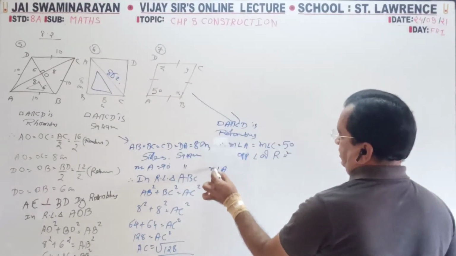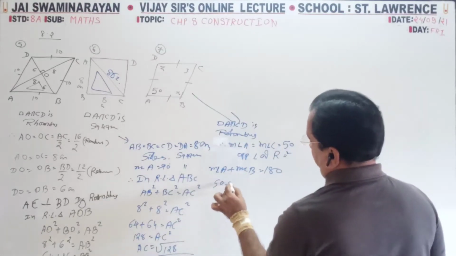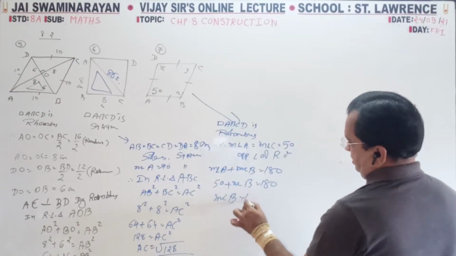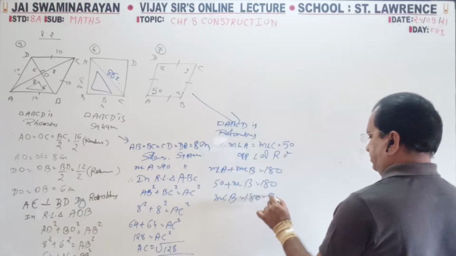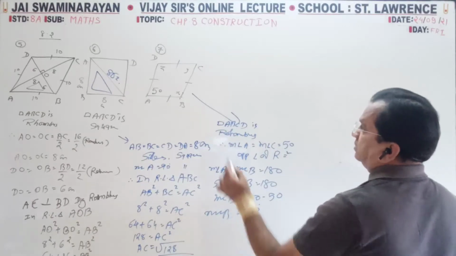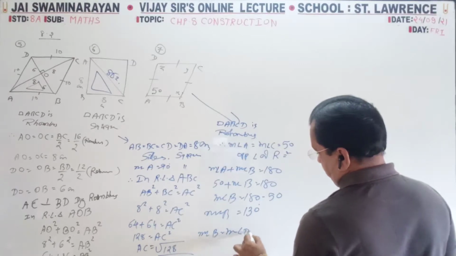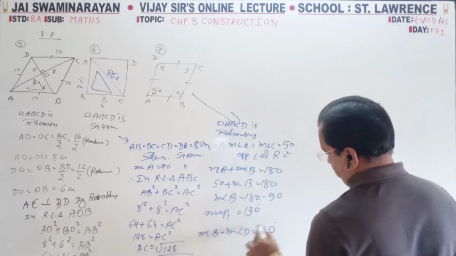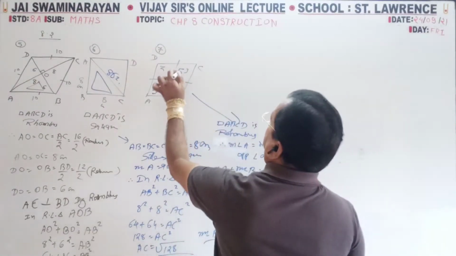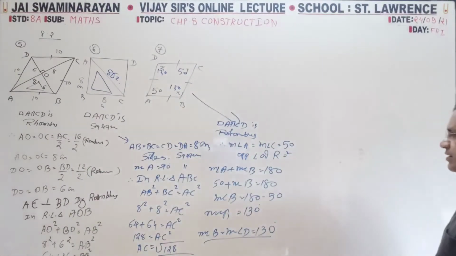Measure angle A plus measure angle B is 180. This is 50 plus measure angle B is 180. Measure angle B is 180 minus 50. Now B opposite D, it is 130. So all we got, this is 50, this is 50, this is 130, this is 130. Okay.